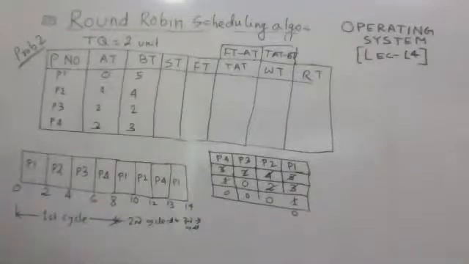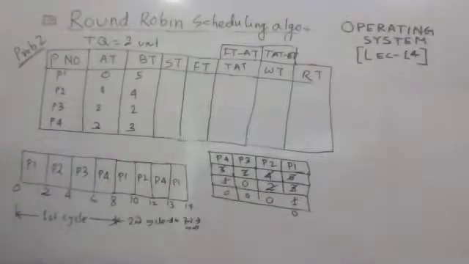Okay, so this is our process schedule chart or Gantt chart. In the first cycle we have 4 processes, in the second cycle we have 3 processes, and in the third cycle we have only one process, that is P1.